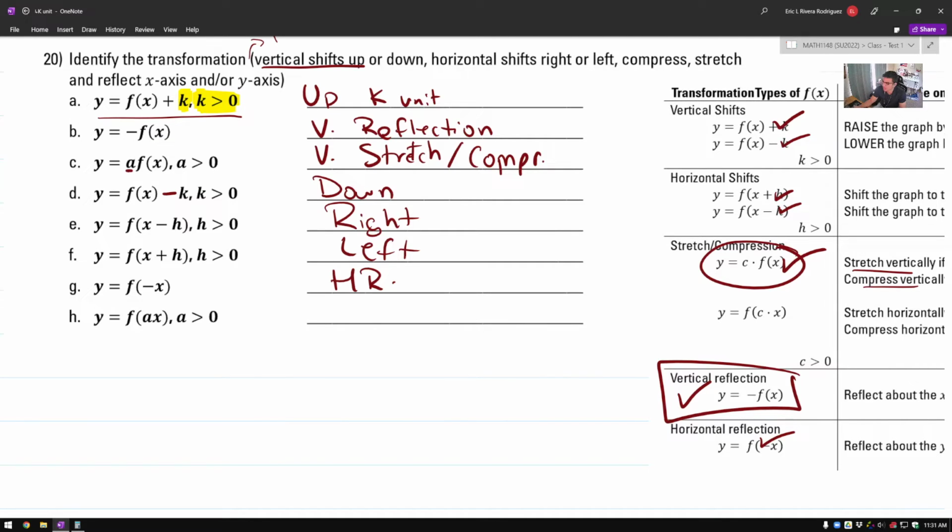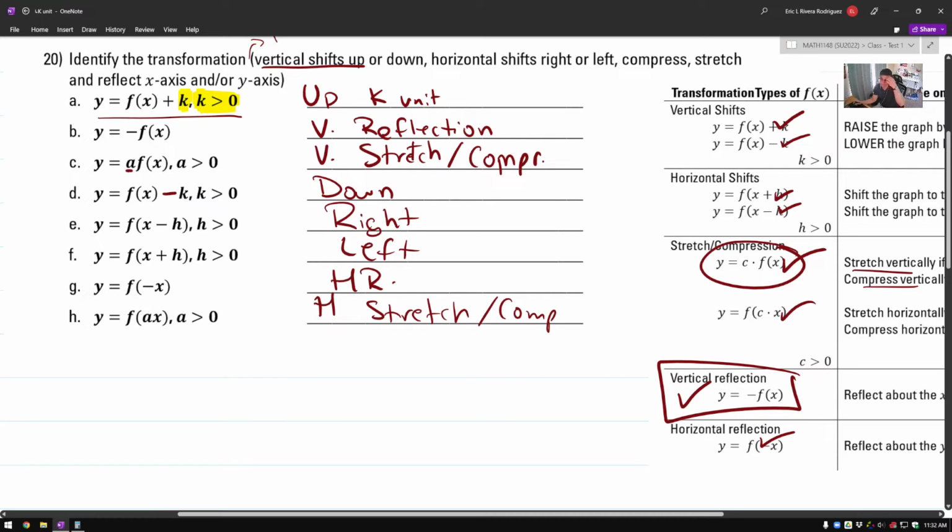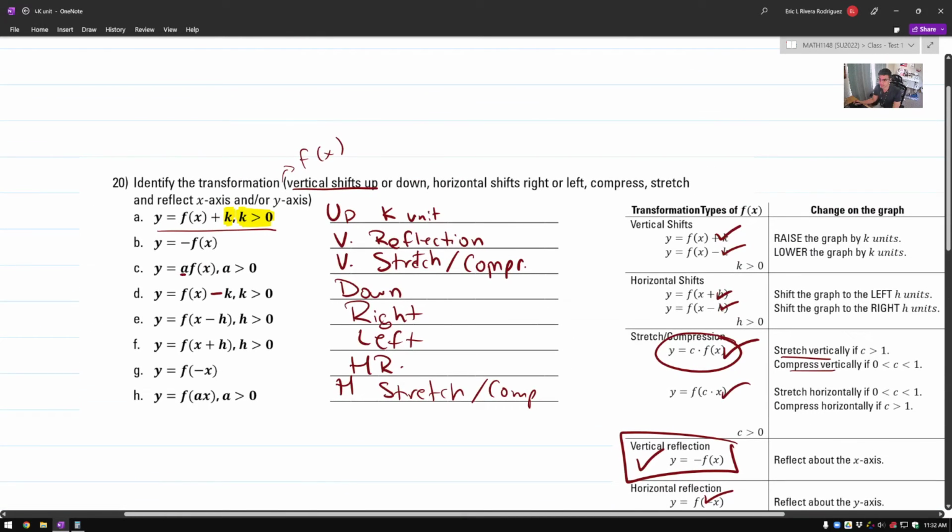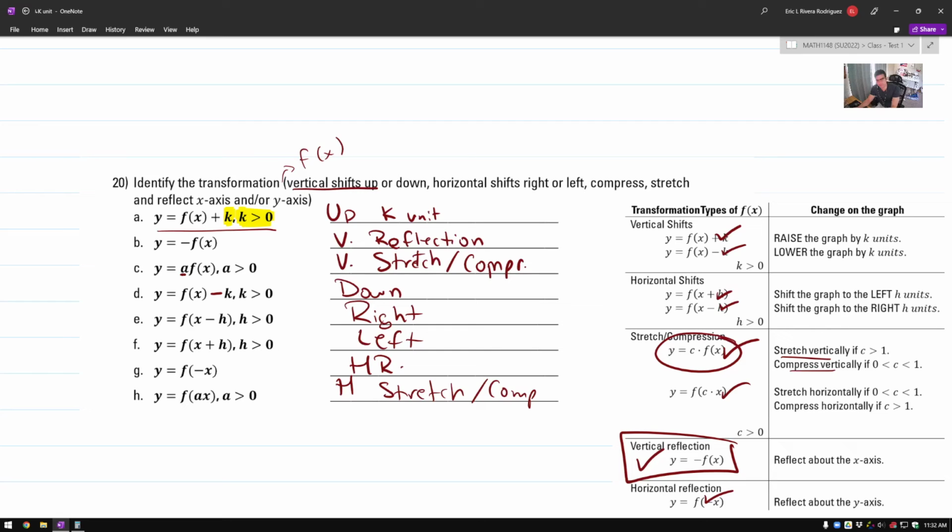And then we have horizontal stretch / compression. And that is that one. Okay. We don't need to be fancy with the wording. Down, right, left, HR for horizontal reflection. That's all I need, and then I'm going to understand what you mean.